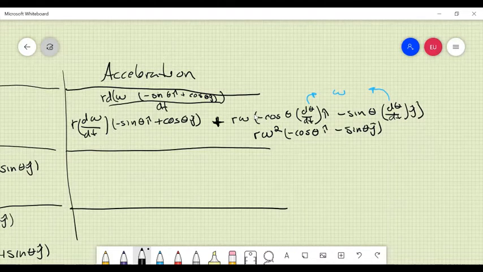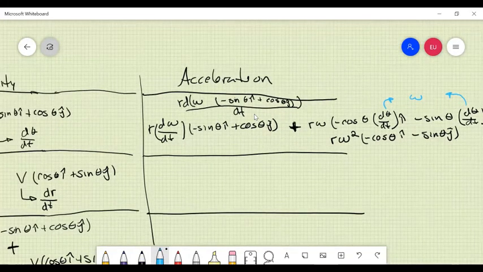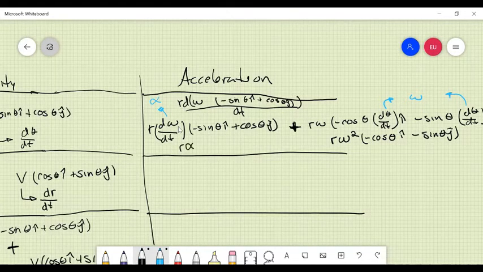What do you think is the change of omega with respect to time? Alpha. That is the angular acceleration, which is alpha. So the first term is r alpha times minus sine plus cosine.